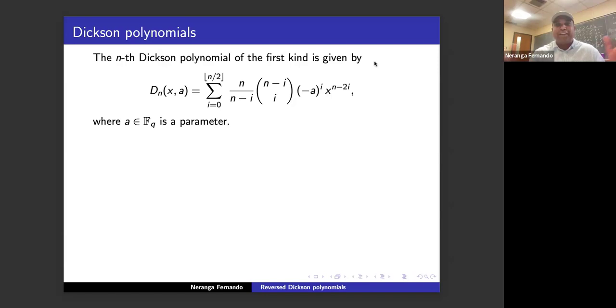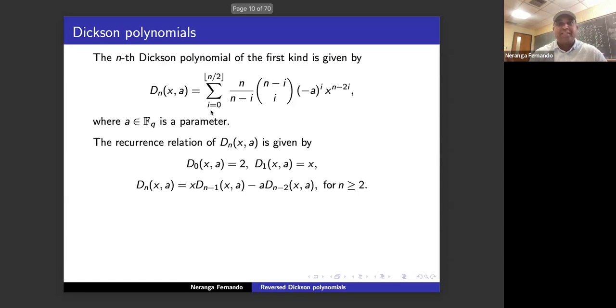Now we can define everything nicely. As you see, this is the Dickson polynomial of the first kind. I'll explain why we call it the first kind soon. Here, n is the index, x is a variable, and a is a fixed parameter in the finite field. This is the explicit expression of the nth Dickson polynomial of the first kind.